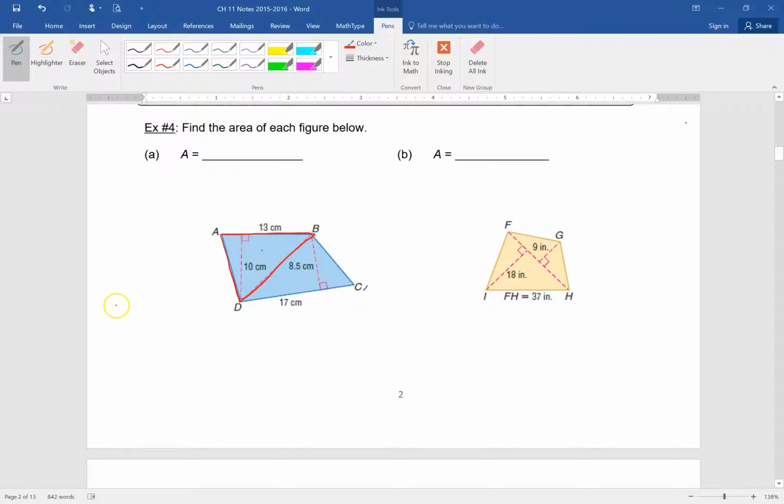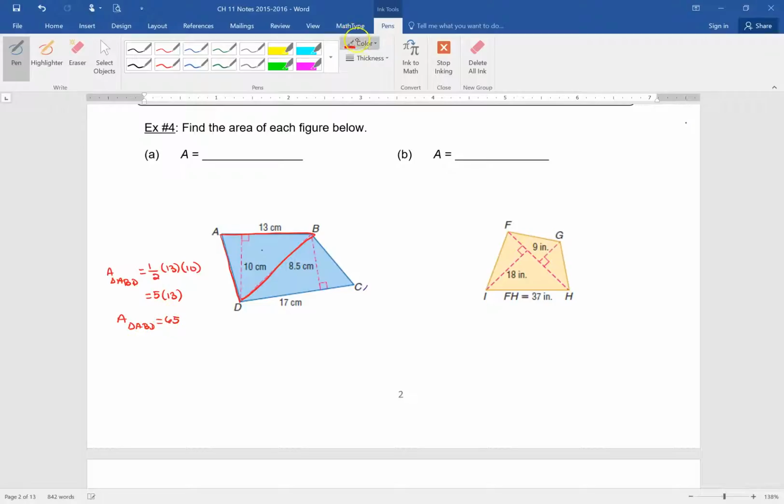So the area of triangle ABD is equal to half times the base times the height. Half times 10 is 5. So this is 5 times 13, meaning the area of triangle ABD is equal to 65.